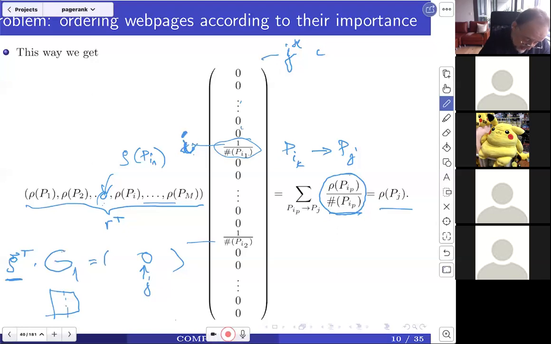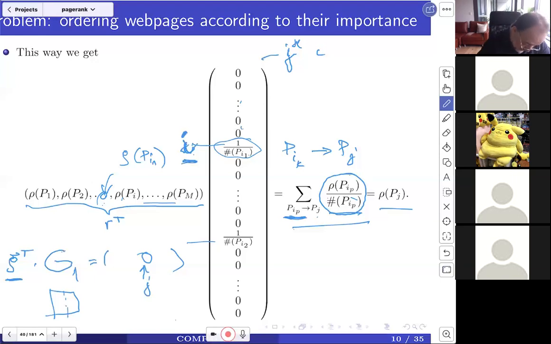If you multiply, zeros will kill all the rows except for the rows that correspond to I that point to j. So consequently, you will get precisely this sum. Only on those web pages that point to pj will you have a non-zero entry, which is this reciprocal, and it will multiply rho here, and you get precisely that.